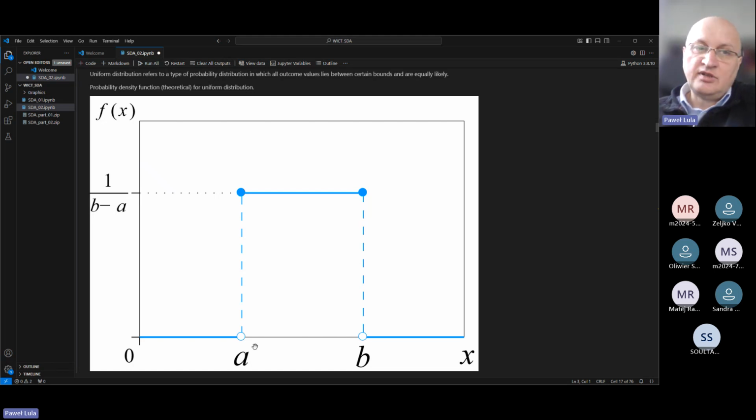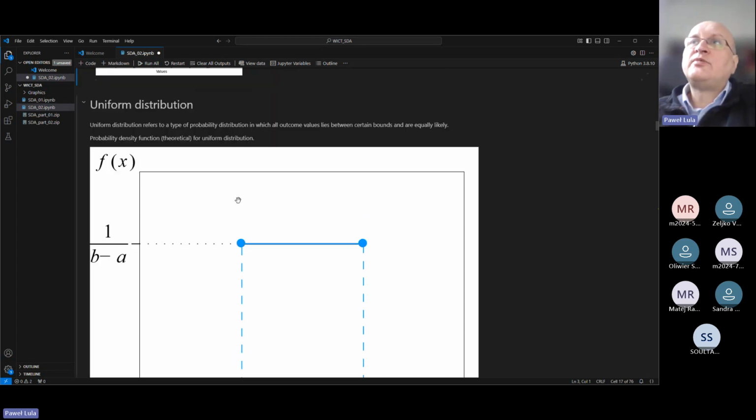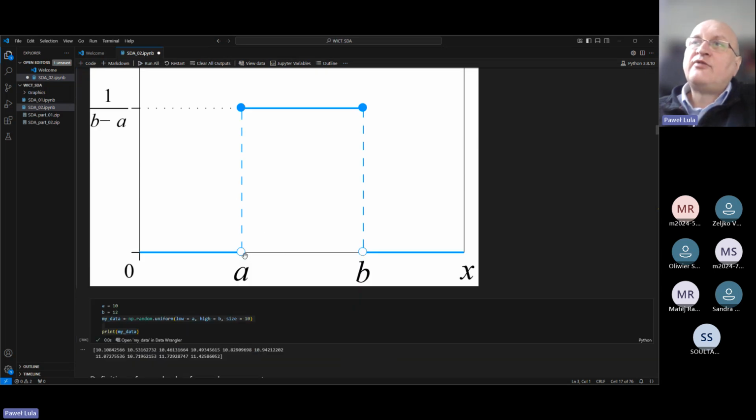A and B, two limits, and all values which are generated, which can be assigned to this random variable having this uniform distribution, are from this range, from A to B.